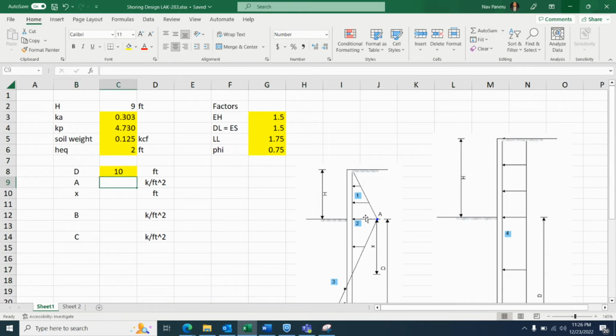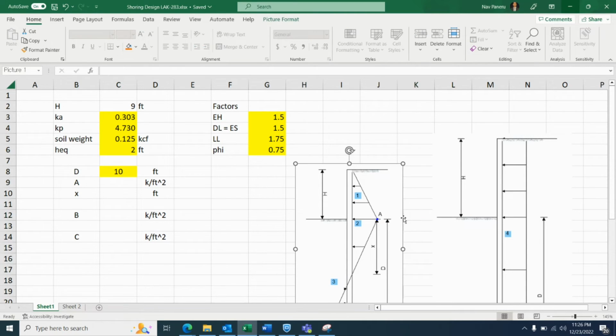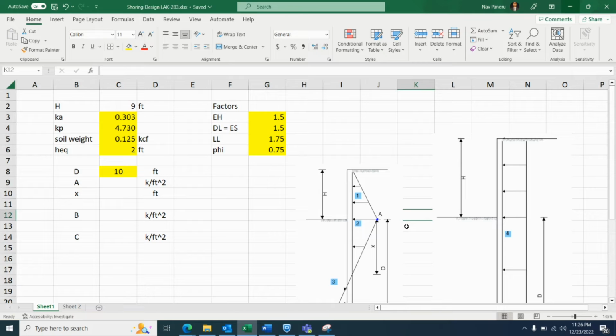The value of A is the intensity of earth horizontal pressure at this point right here, as you can see on the screen, at a depth h. That's basically the intensity of active earth pressure at depth h. Since we're using the Strength 1 combination, we'll use the Strength 1 load factor as well.